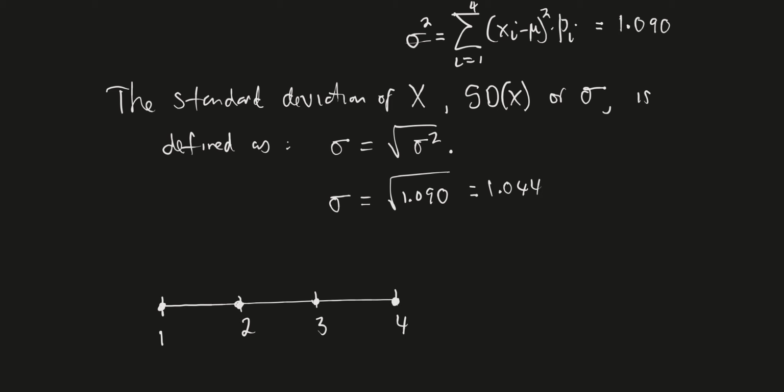It represents the point of balance where if I had a horizontal axis, and if I were to put 4 masses, and the masses are equivalent to the probability, a mass of 0.1 here, and then the 0.3 here, and the 0.2 here, and then the 0.4 here, then this location would be the point at which this physical system would be in equilibrium, right?